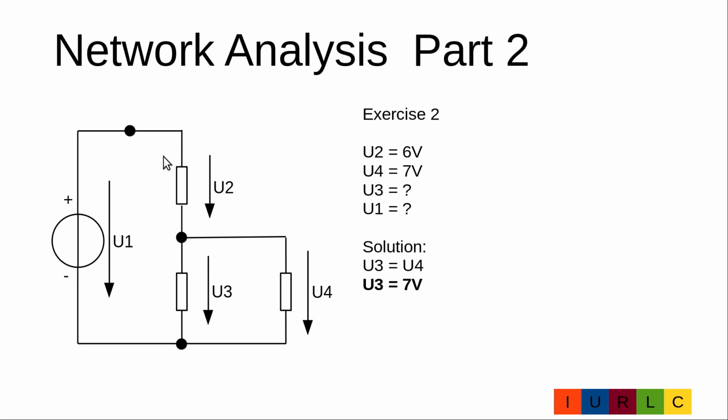We have here our loop, and set now the counterclockwise voltage U1 equal to the sum of the clockwise voltages U2 and U3. U1 is U2 plus U3. With concrete numbers, U1 is 6 volt plus 7 volt, U1 is 13 volt.